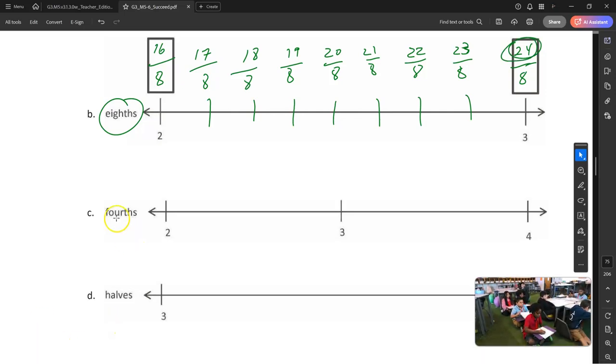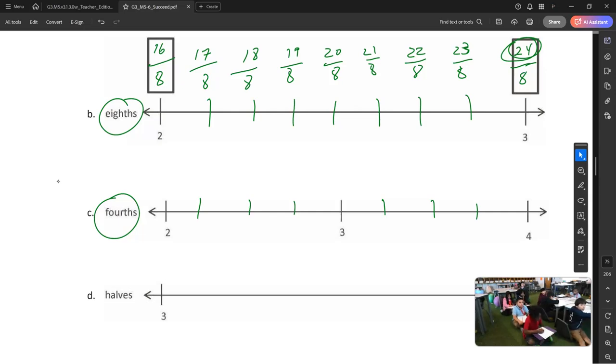All right, next one is fourths. So we need each one to be split into fourths. Now, it starts with the whole number of 2. So if we're counting by fourths, we're going to count by what?